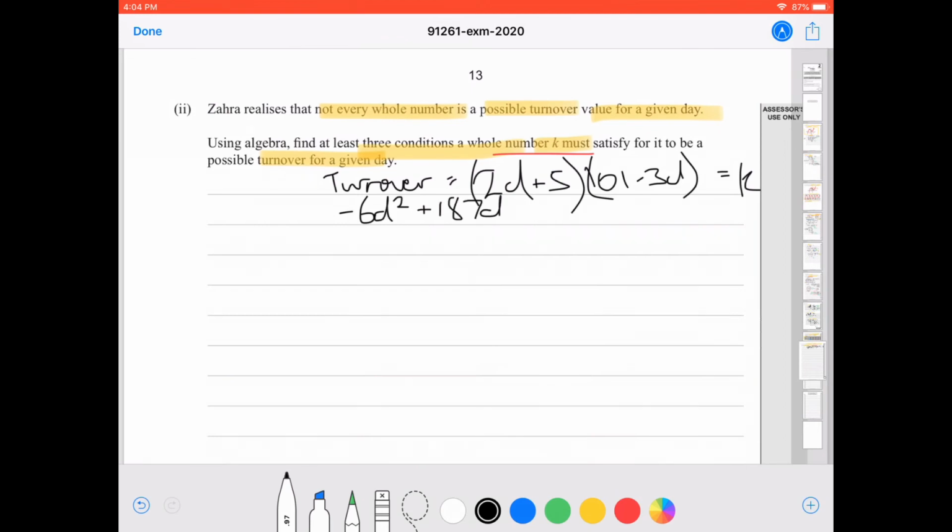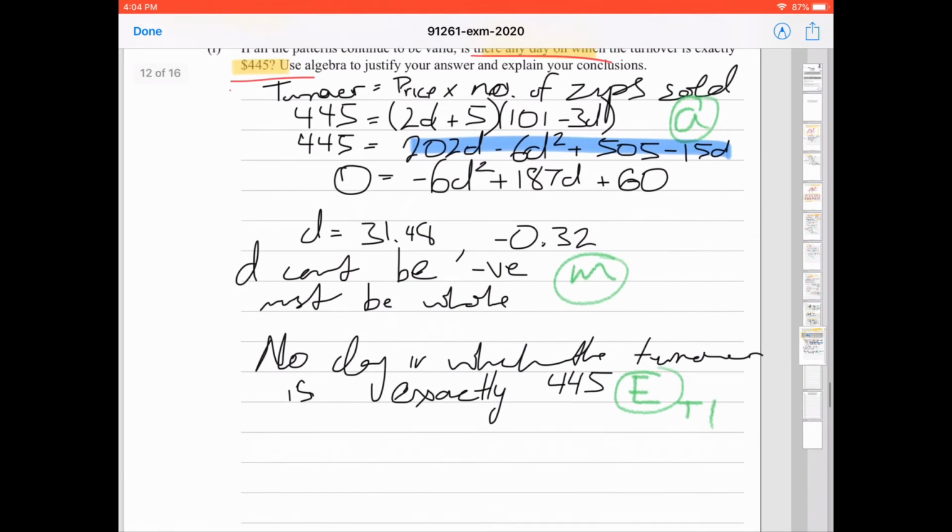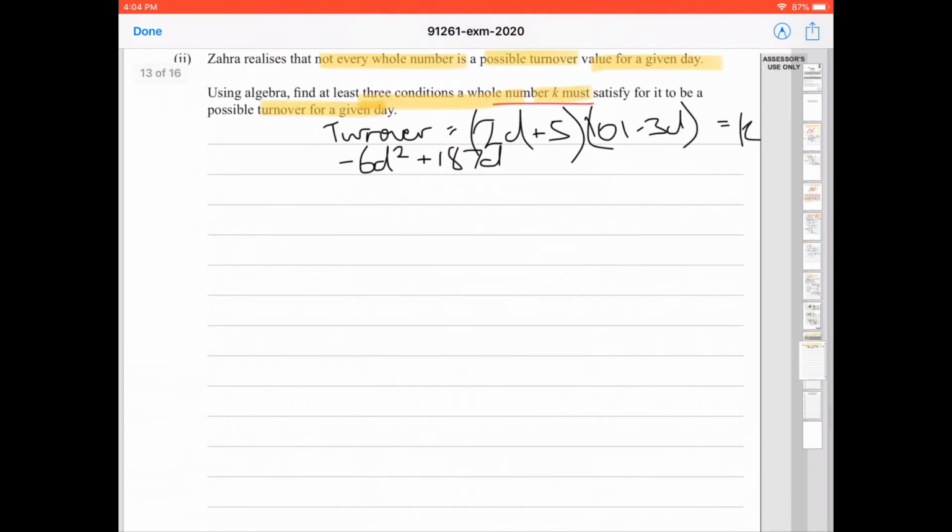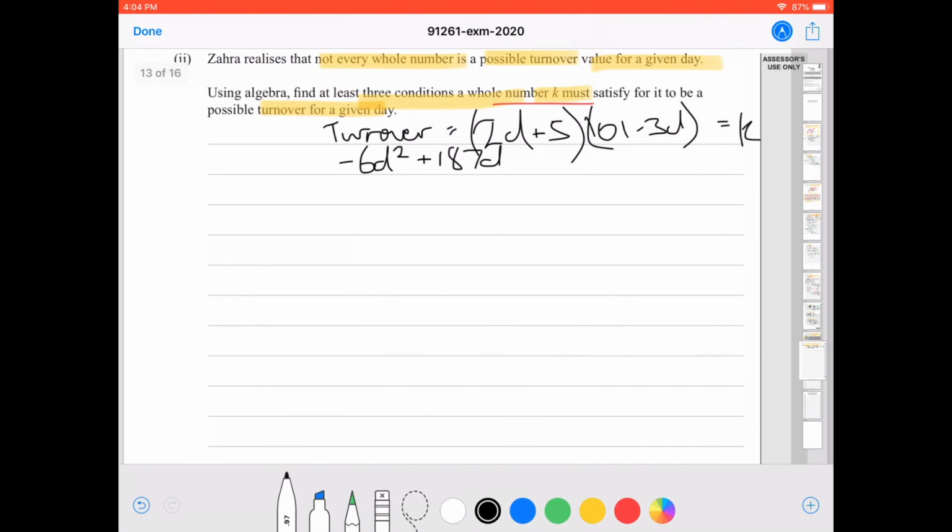You'll find that again going back up, 202d minus 15d. 202 minus 15 is 187. So that's where the 187d comes from. And lastly, this 505. And this all equals to k. Okay.